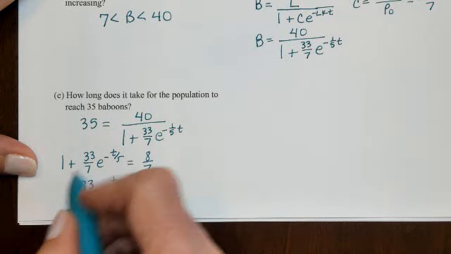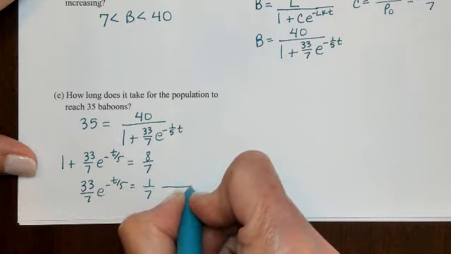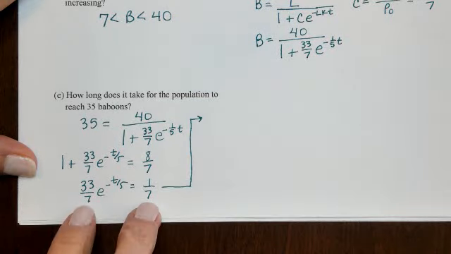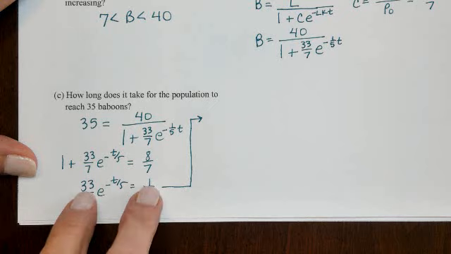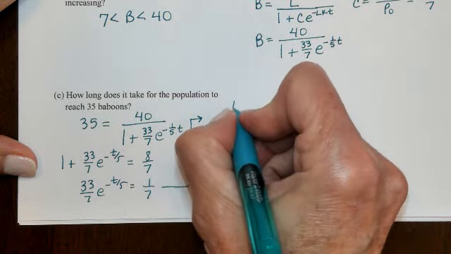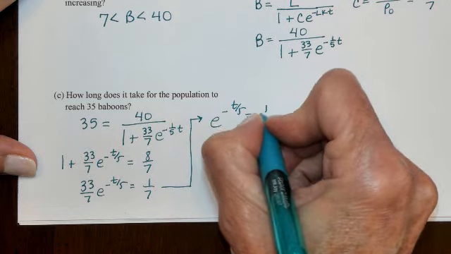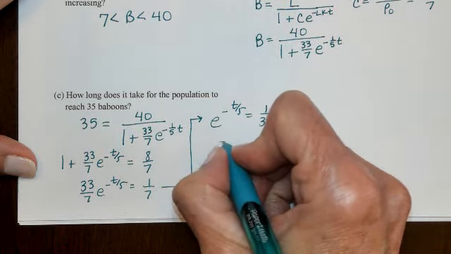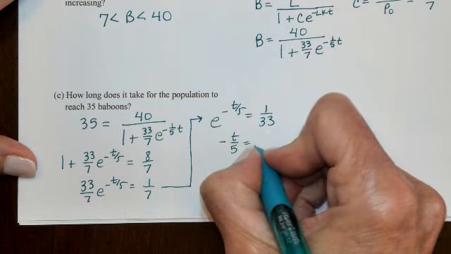8/7 minus 7/7 is 1/7. Okay. Multiply both sides by 7 and it's gone. Then I have this. I'm going to divide both sides by that 33. Now I'm going to natural log both sides.